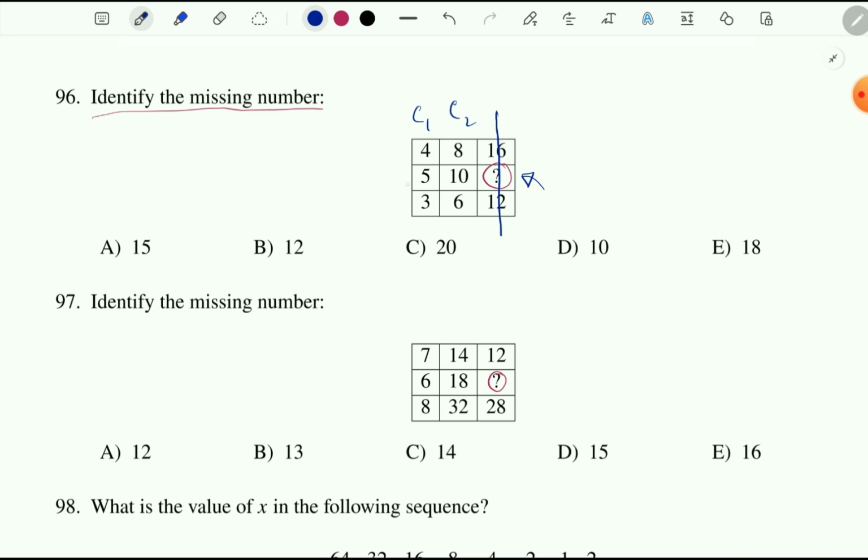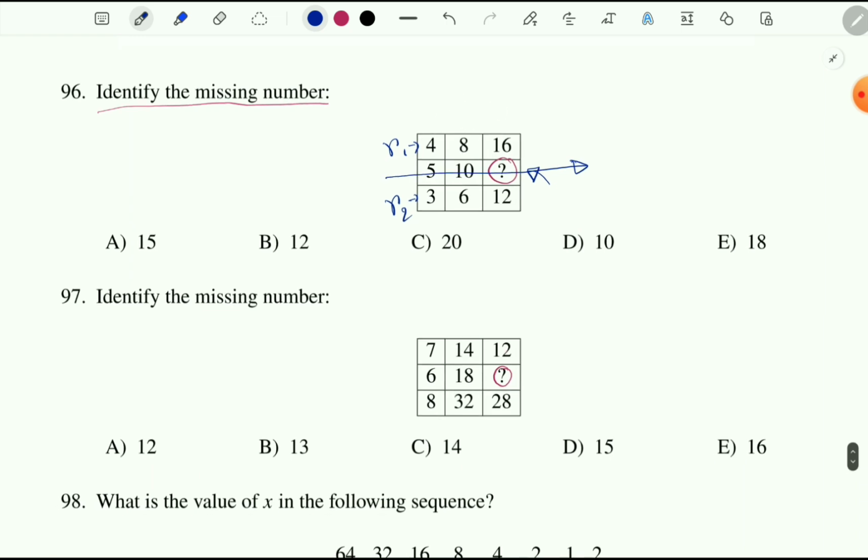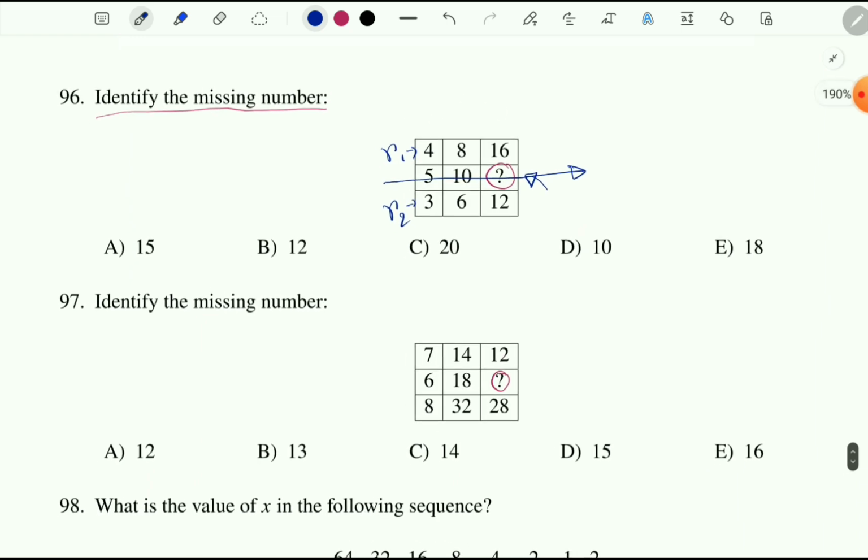Other option is, if we consider rows, this row is incomplete. So the other two rows, let's say first row and second row, are complete, so we can easily get a relationship between the numbers, between the elements. Therefore, it is time to find out the relationship between the numbers.